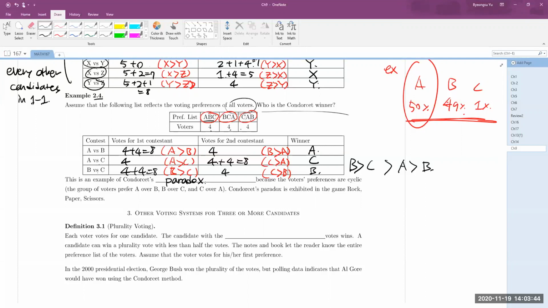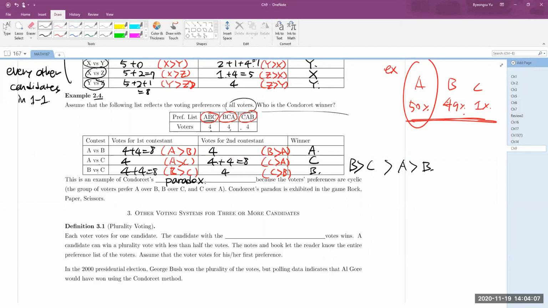It's kind of rock, scissors, paper, right? Someone who prefers scissors definitely prefers it more than rock, but someone who prefers rock definitely prefers it more than scissors, sorry, paper.